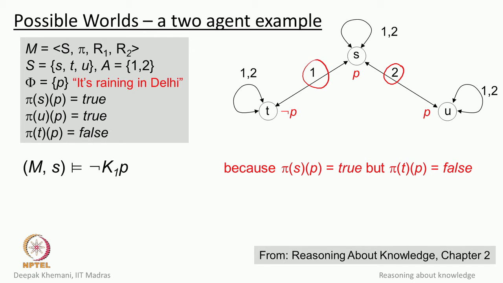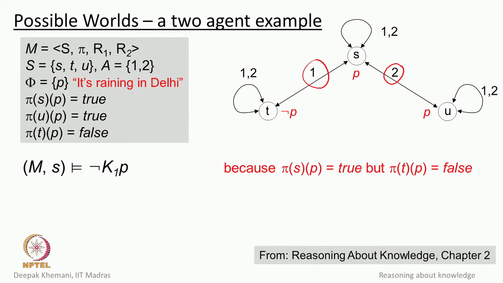Now again notice that we are asking the question with respect to state S. In the state S, we are saying that agent 1 does not know P. Why is that? For any agent to know P, P must be true in all the related states.